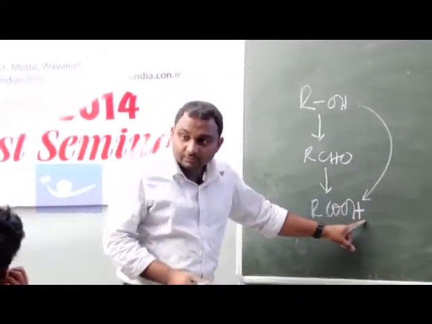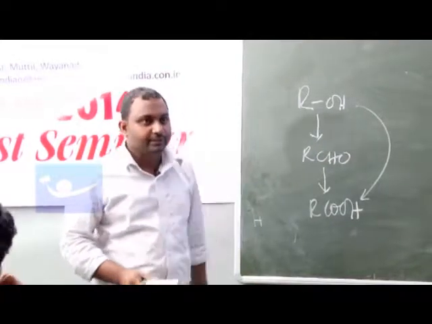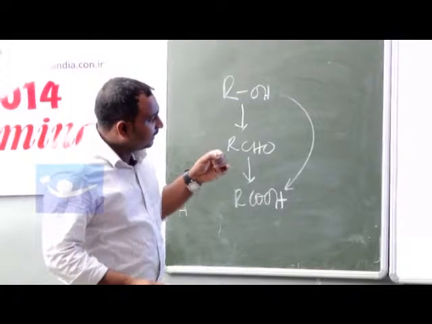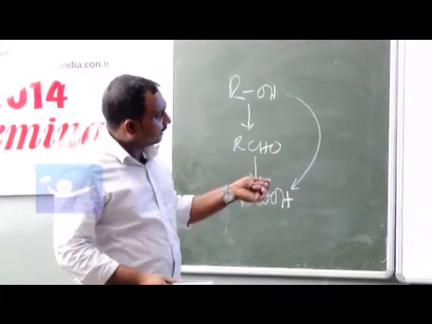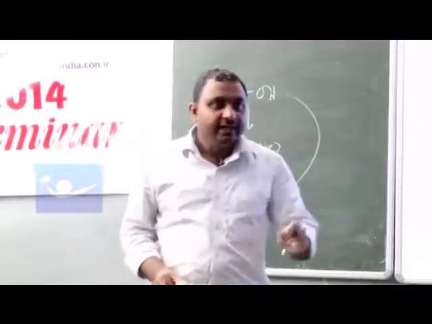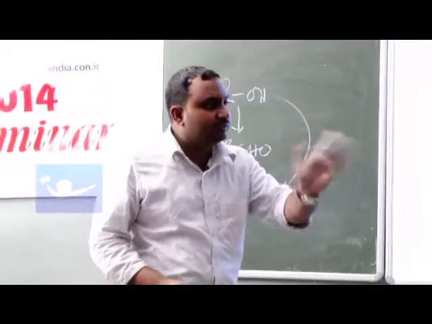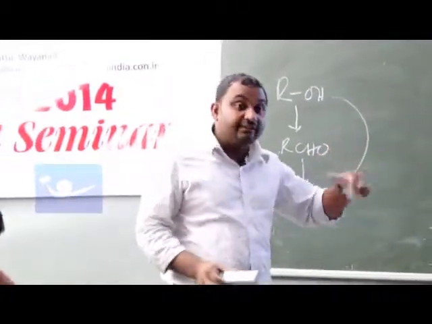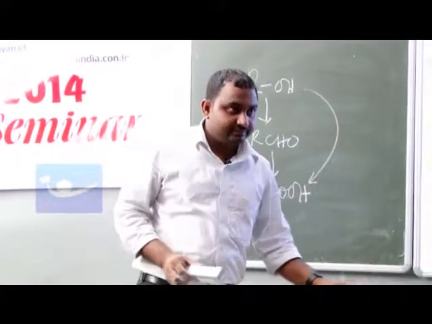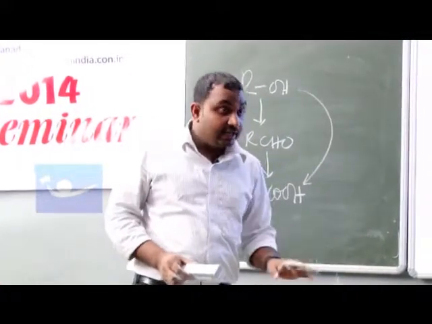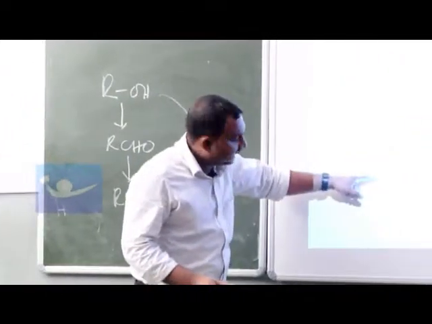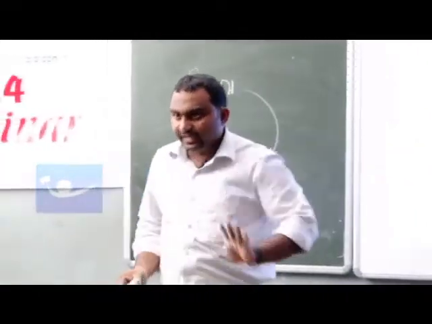Directly it will come to RCOOH. It should not happen. So you should use a mild reagent. K2Cr2O7 and KMnO4 both are strong. You can eliminate them easily.